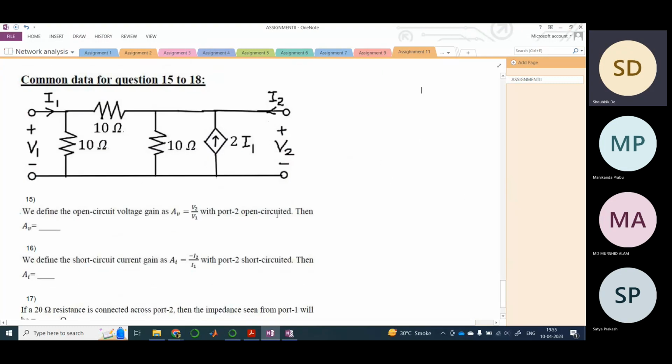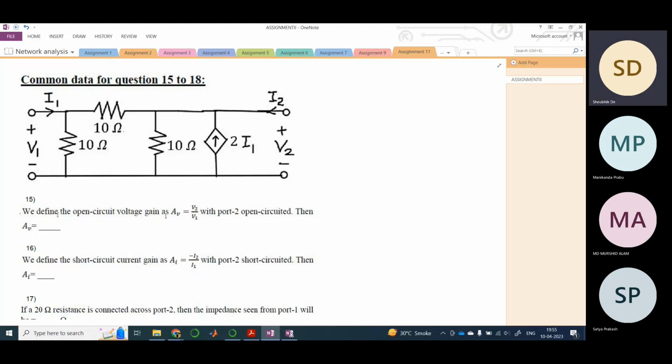So in the first question they have told, we define the open circuit voltage gain AV. So any circuit has a gain, right? If you have read analog circuits, BJT, then MOSFET, these circuits have a gain. Or in electrical, if you have studied power electronics, buck converter, boost converter, right? There also we have a gain.